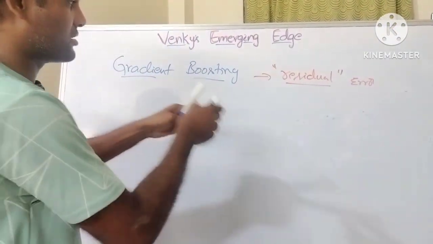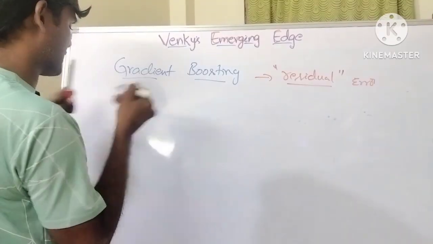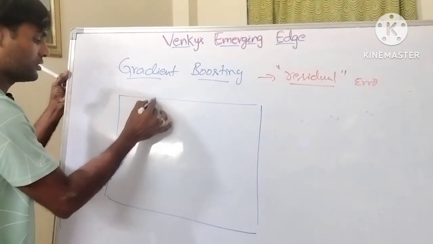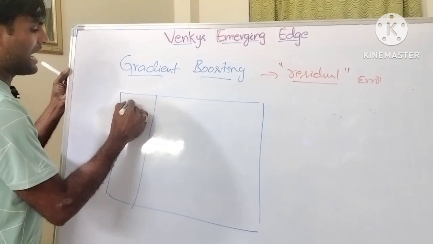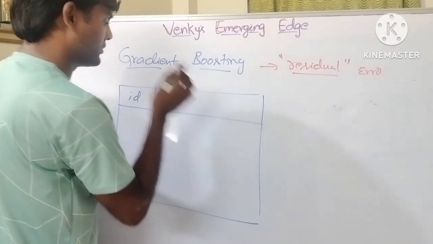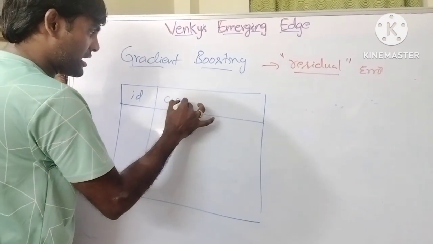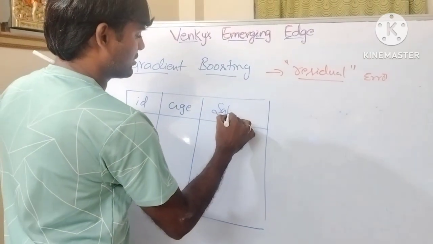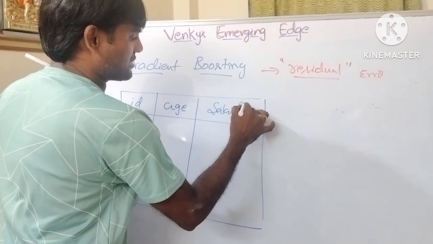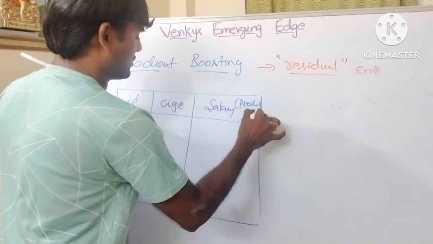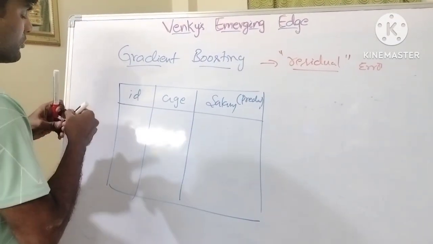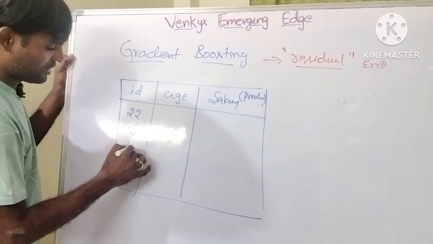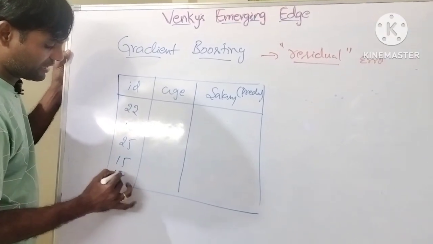Okay. Can I take a small example, a small data set? In the data set, for example, you can find ID, age, and salary. Salary is the prediction target. So ID, for example, 22, 10, 25, 15, 18.